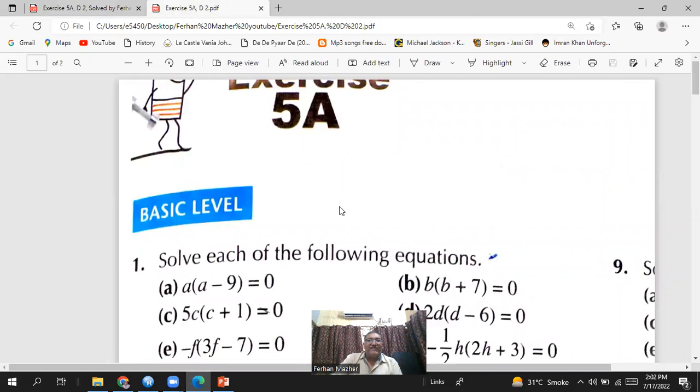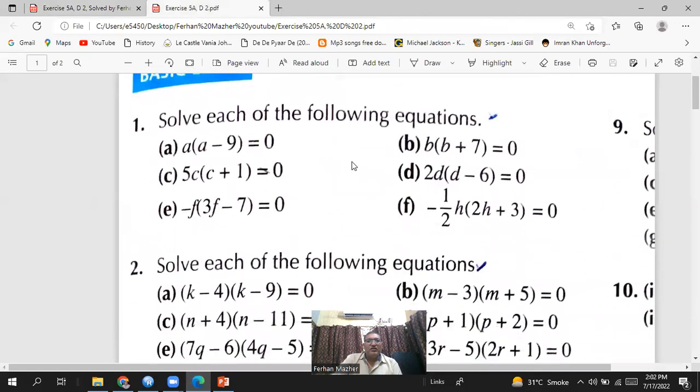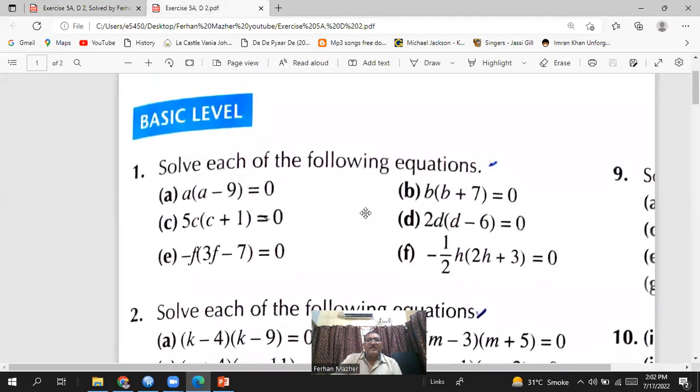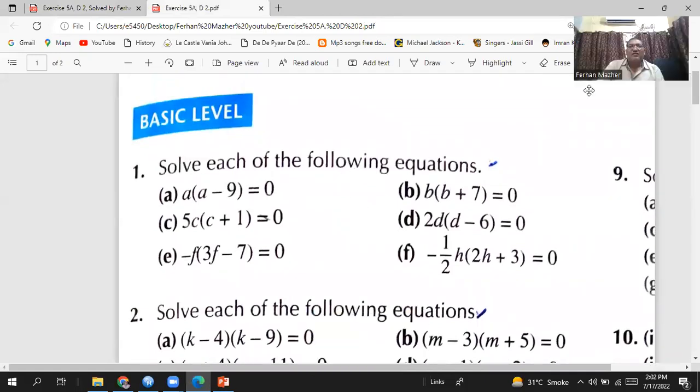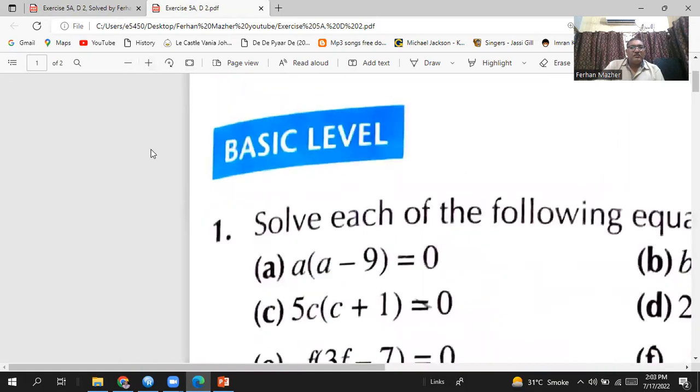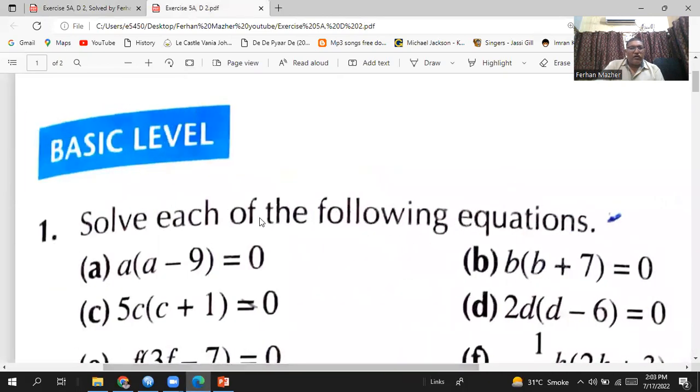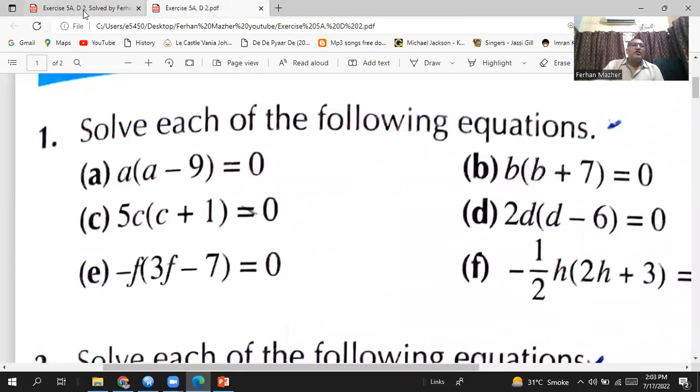Exercise 5A from D2. The question number 1 is showing up on your screen. So here we go: a bracket a minus 9 bracket close equals 0.